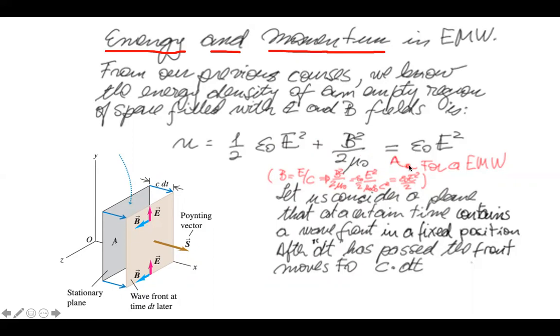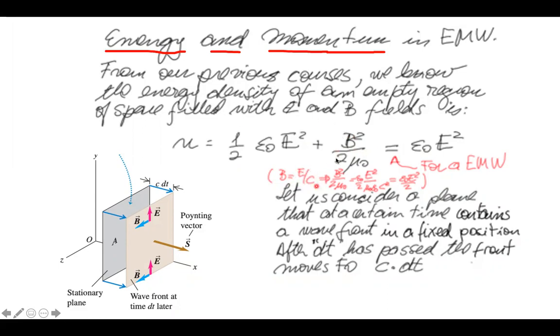So for a particular electromagnetic wave, we can replace this thing. We have to remember what we did last class. We know that the maximum intensity of the field, B max, is equal to E max divided by c.